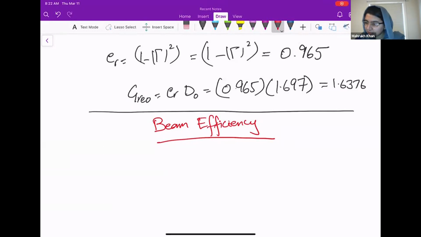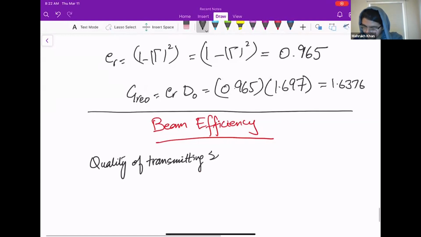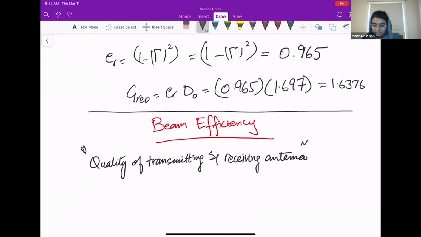So it actually judges the quality of transmitting and receiving antenna is the beam efficiency. Okay, how does it judge the quality?